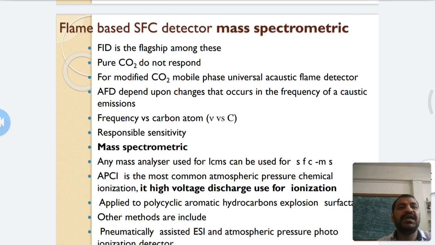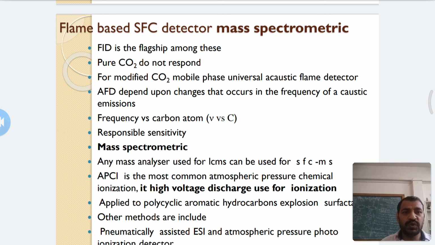Two detectors are mostly used in this separation technique: the flame based detector and the mass spectrometric detector. FID is the flagship and the most important among these.